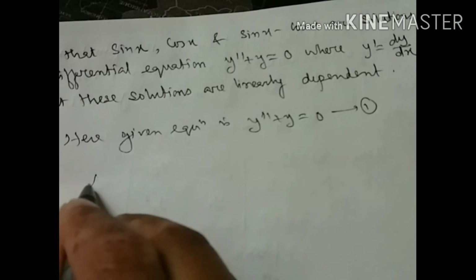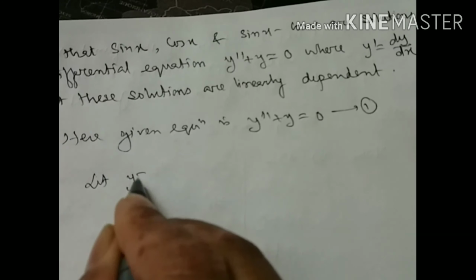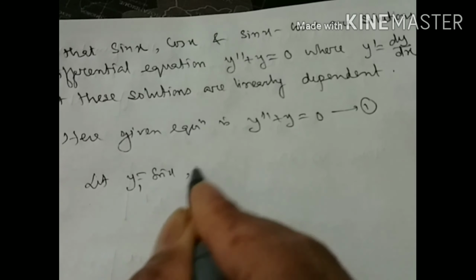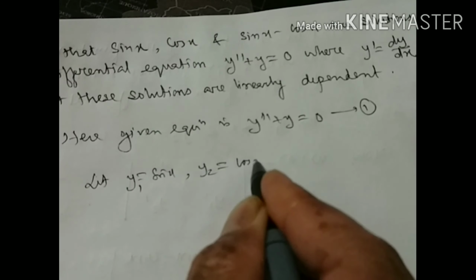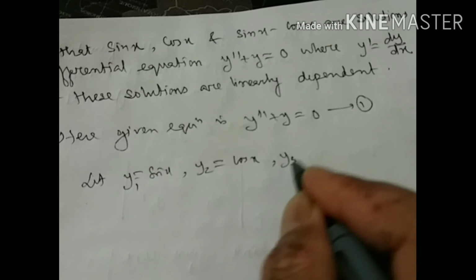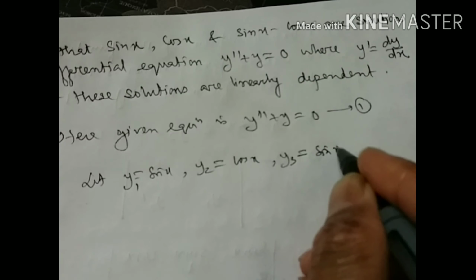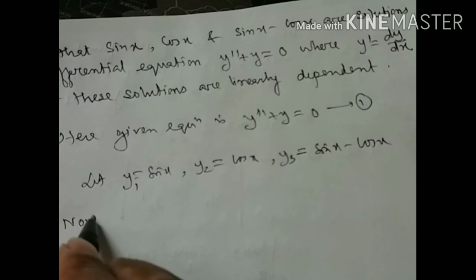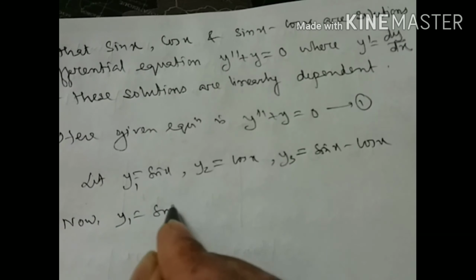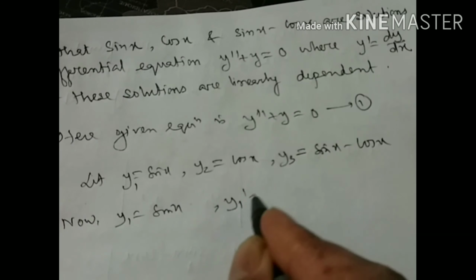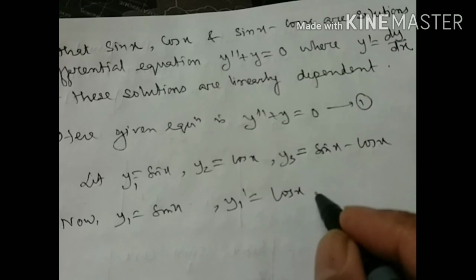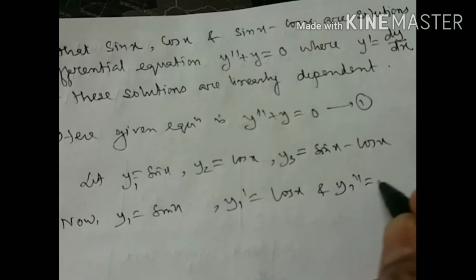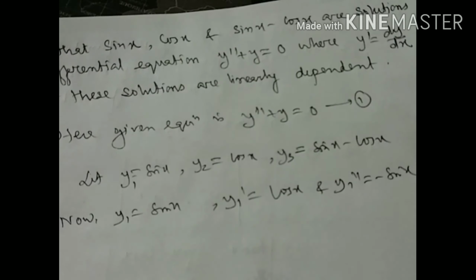So we are taking, as earlier, y1 equal to sin x, y2 equal to cos x, and y3 equal to sin x minus cos x. Now y1 equal to sin x, y1 dash equal to cos x, and y1 double dash equal to minus sin x.